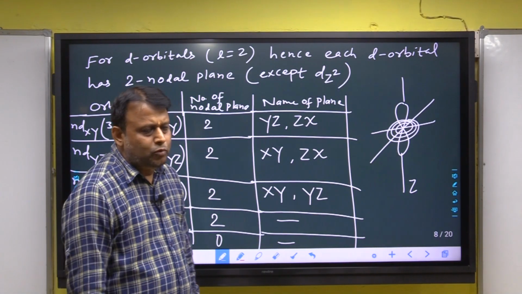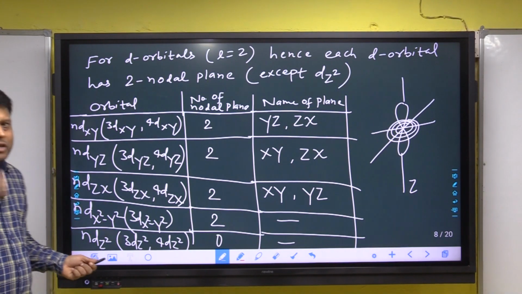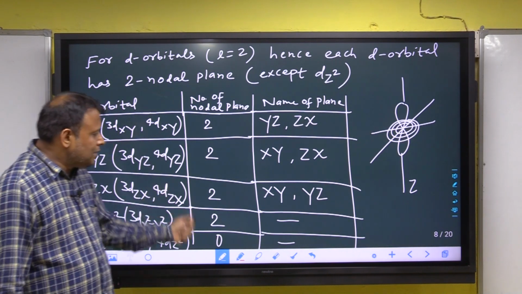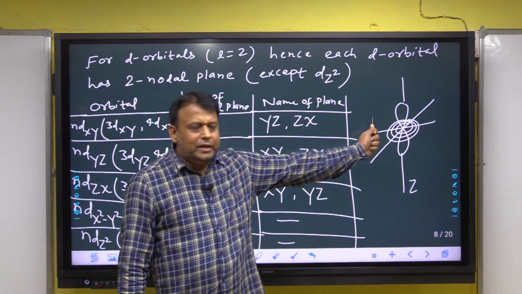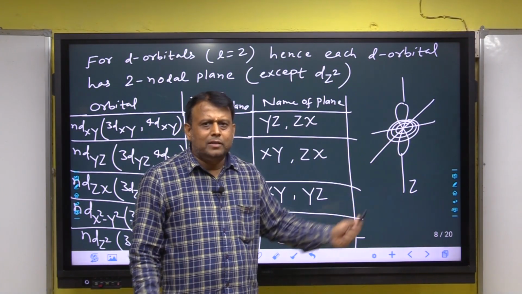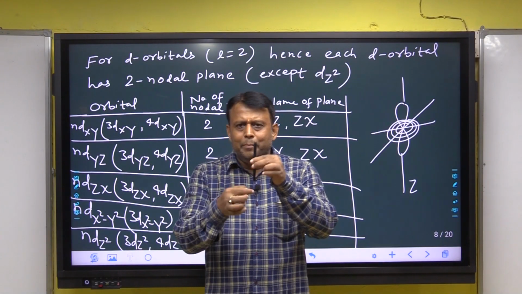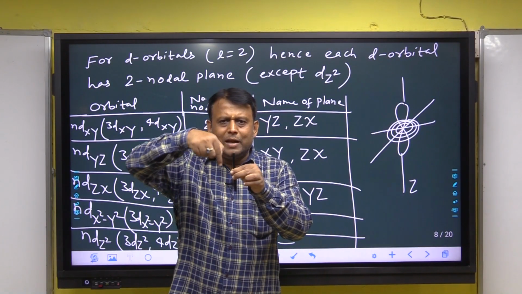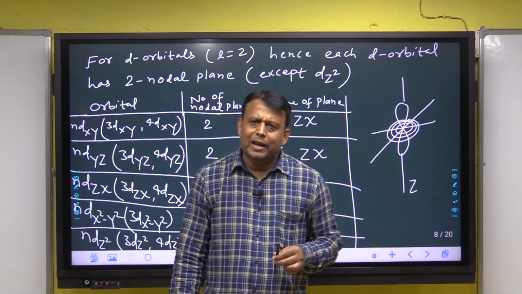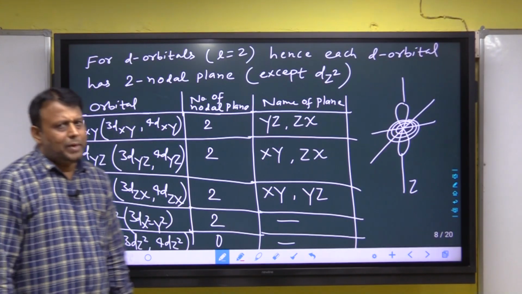And for any dz square, that means 3dz square, 4dz square, number of nodal planes is 0, because in dz square one dumbbell lies on the z-axis and the other dumbbell rotates along the z-axis, and hence in each plane electron is found, and hence dz square has no nodal plane.